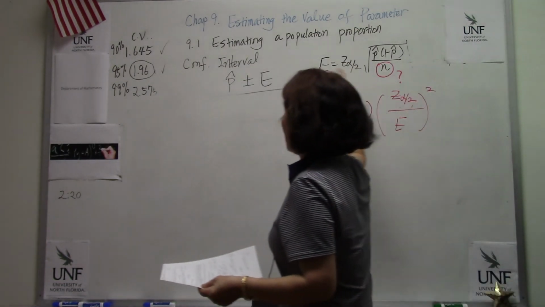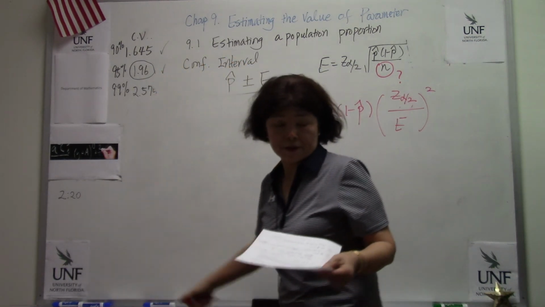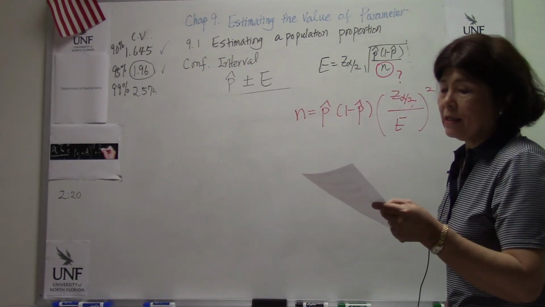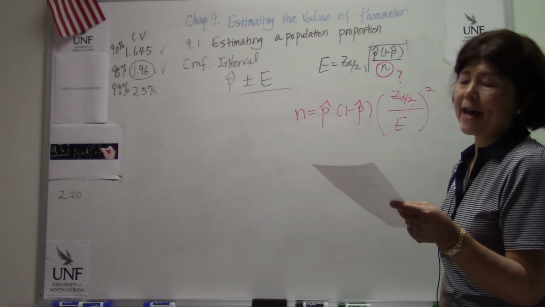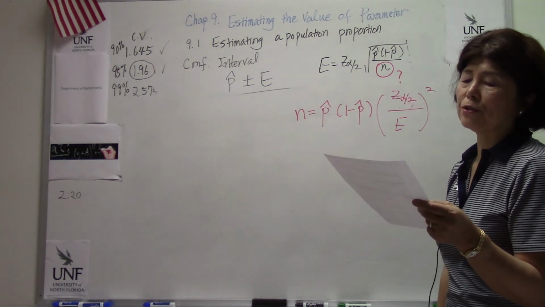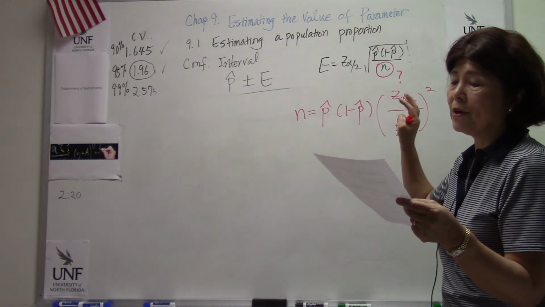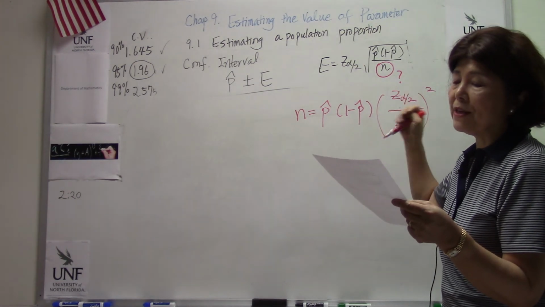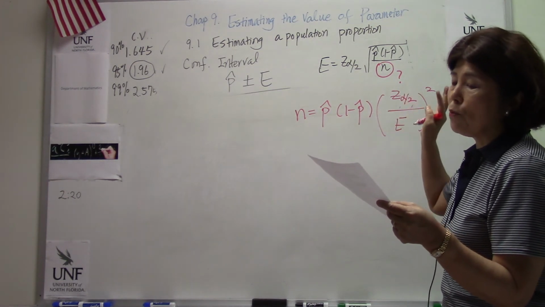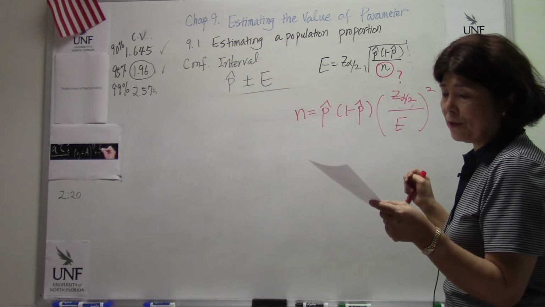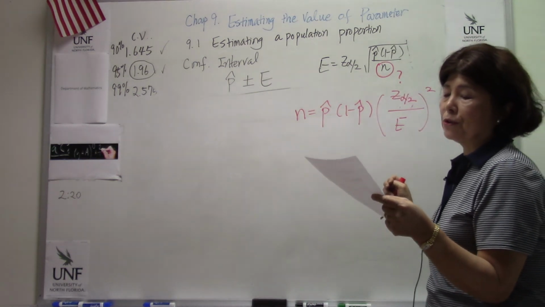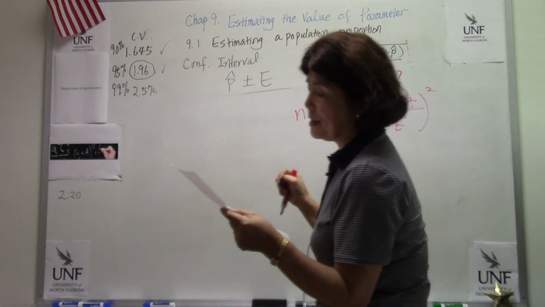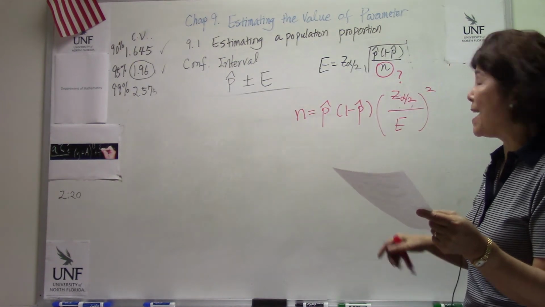Again, we are going to use these numbers. So officially, this is the sample size required to obtain this level of confidence. With the given level of confidence, we want a confidence interval for the population proportion p with the margin of error given by this.